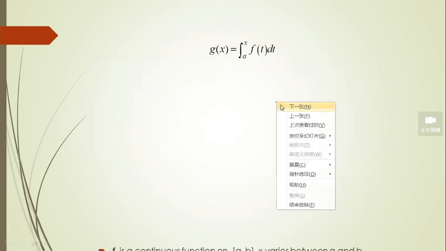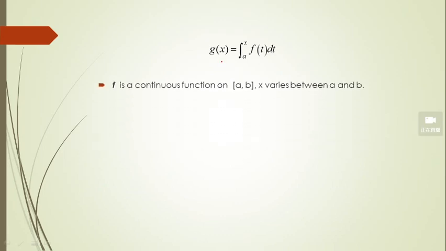So for this notation, that is my g(x) with the upper bound x in the definite integral. Of course, first, f is a continuous function on [a, b]. x varies between a and b.